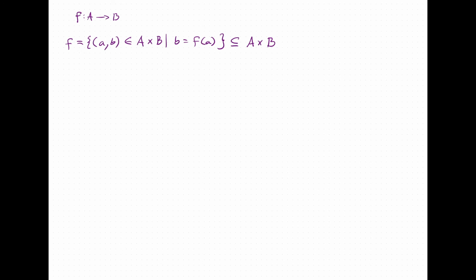One more example. Let's take a circle. So we have a circle. No, that looks more like an ellipse. So we have our circle here, and let's say that this is x squared plus y squared equal to 1, just a unit circle. Now, we could ask, is this a function?